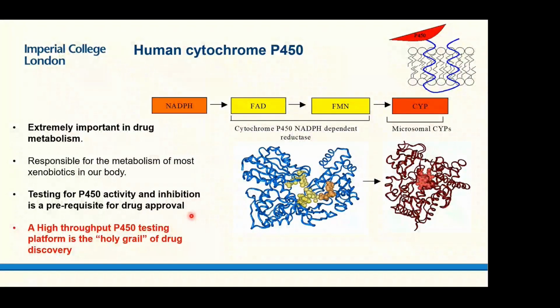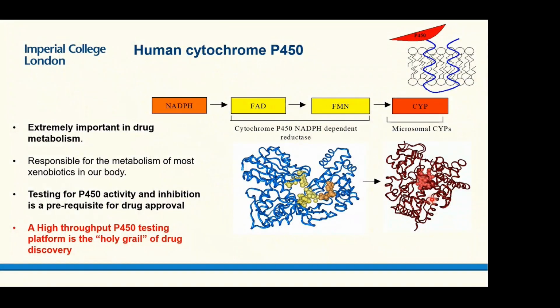And because of that, testing of P450 activity is a prerogative for approval of any drug. So it's in the interest of the pharmaceutical industry to develop assays for testing new drugs for P450 activity.